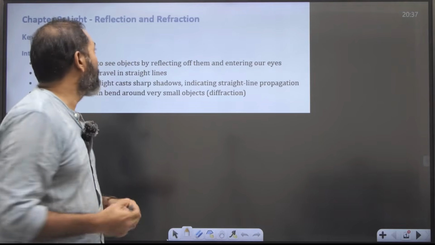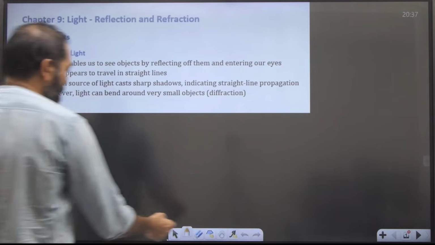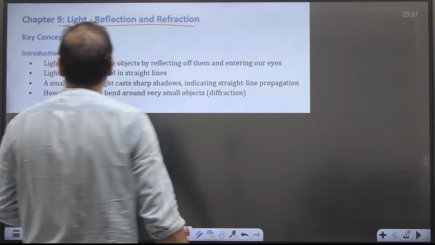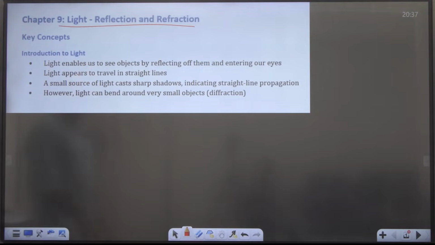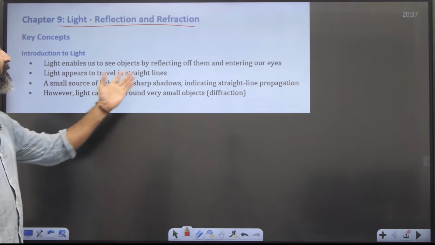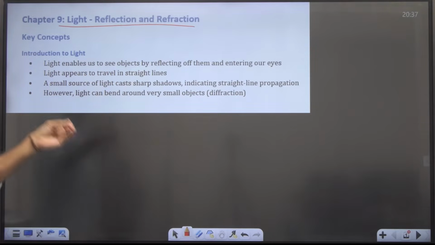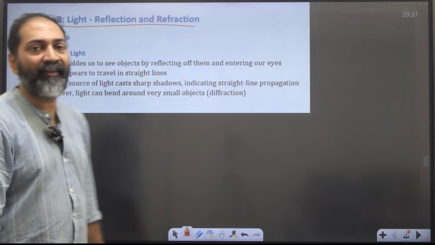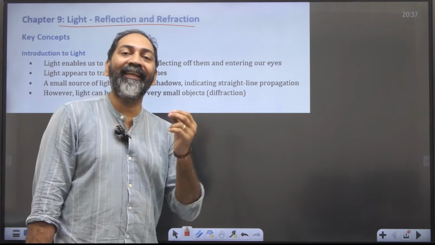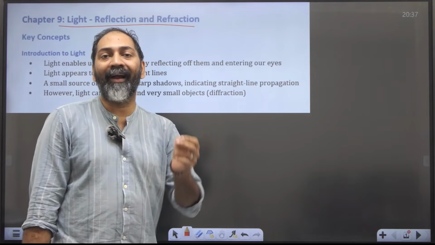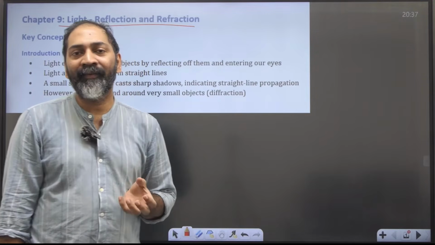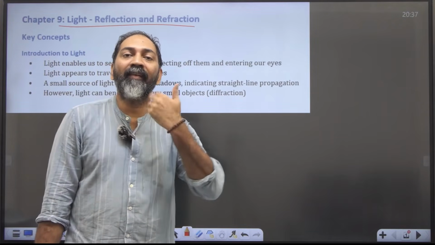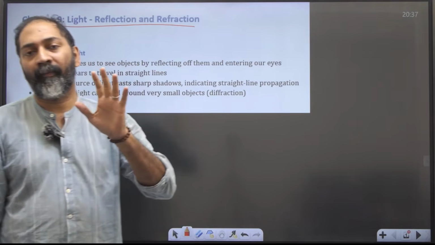So hello students, we are starting a new chapter, light, reflection and refraction. Key concepts. Introduction to light. Light enables us to see objects by reflecting off them and entering our eyes. If you are seeing a leaf with green color, you should understand that the leaf absorbs all the colors and reflects only green color.